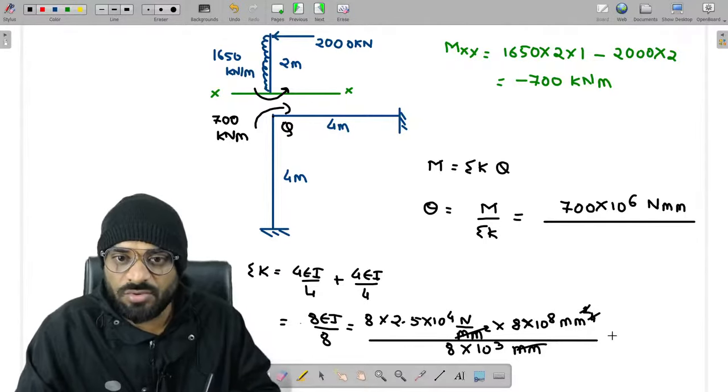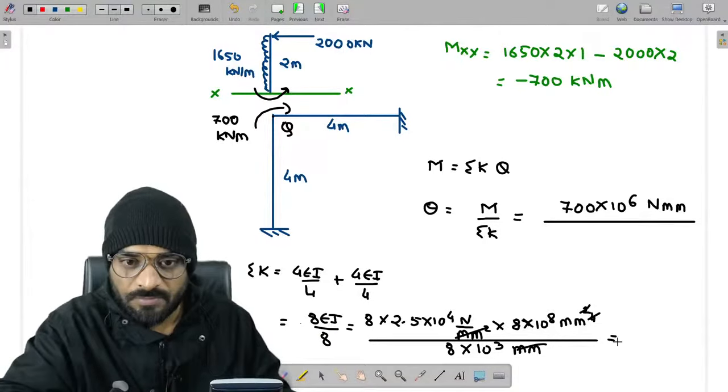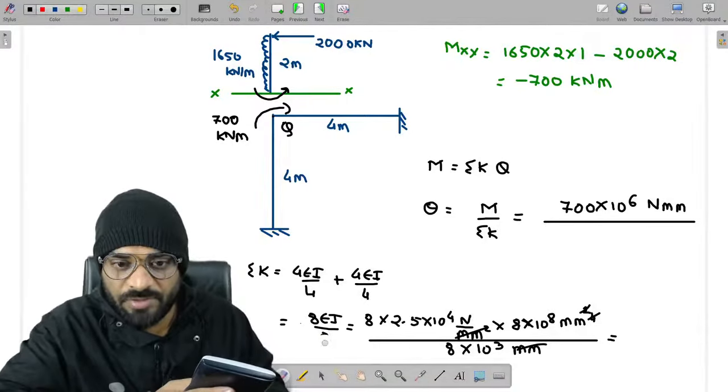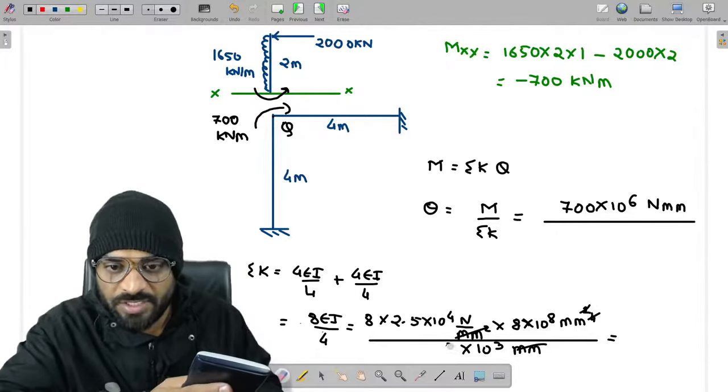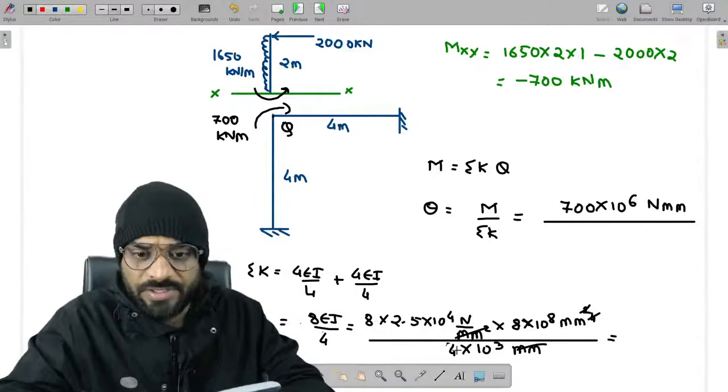Then what is the value of summation K which we are getting? Please write down. Okay, sorry. 8 EI by 4. Sorry guys, it should be 8 EI by 4, not 8 EI by 8. Right. Please calculate this. How much you are getting?